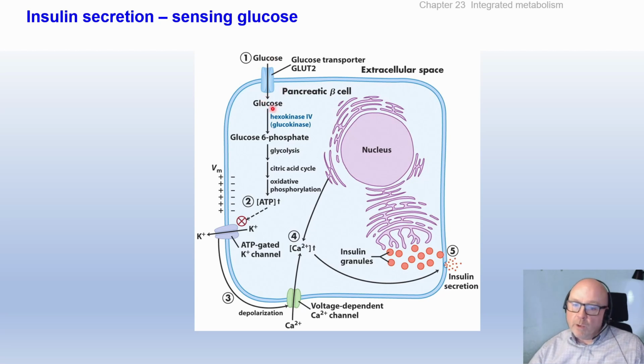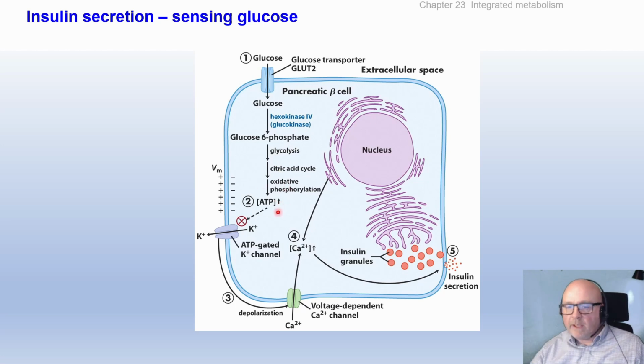We get glucose import into the cell. Remember we had this blood flow through the islets of Langerhans, so the pancreatic beta cells get exposed to this glucose as blood glucose rises. Similarly to the liver, pancreatic beta cells have hexokinase 4, the glucokinase, converting glucose to glucose 6-phosphate. And it enters into glycolysis, the citric acid cycle, oxidative phosphorylation to give us an increase in ATP.